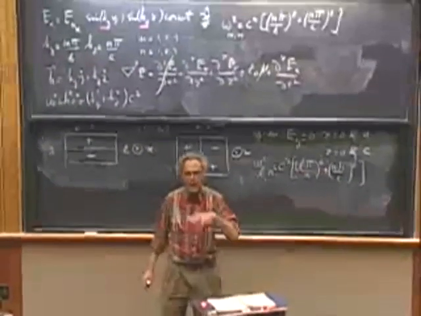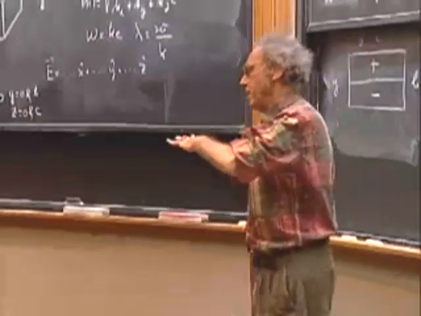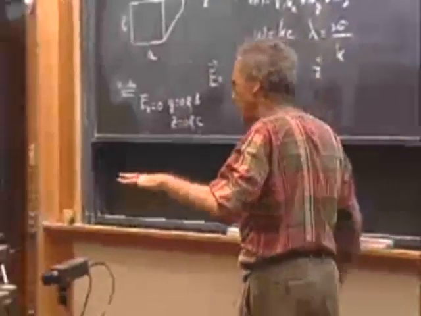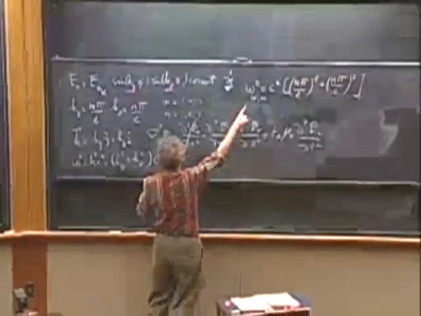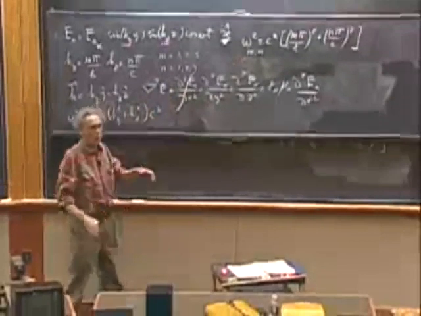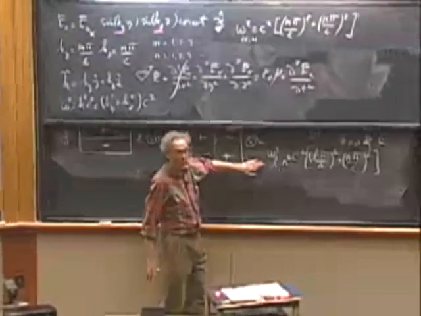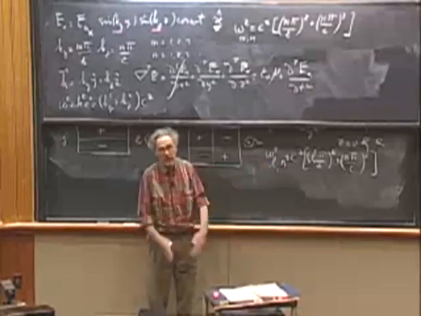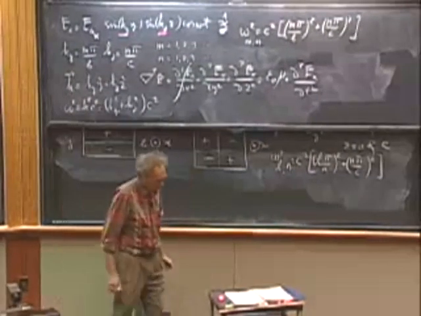If I had linearly polarized radiation in the x direction, it would have to obey this. I could have linearly polarized radiation in the y direction, which would have to obey this sequence of frequencies, and I could do one in the z direction, which of course you can make up for yourself.